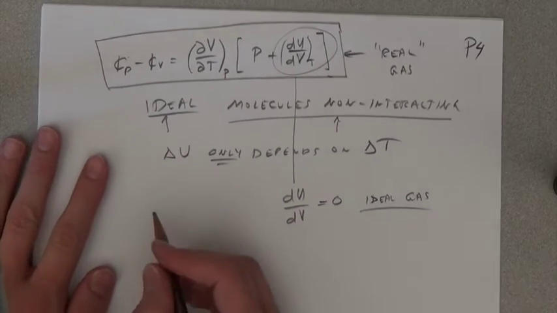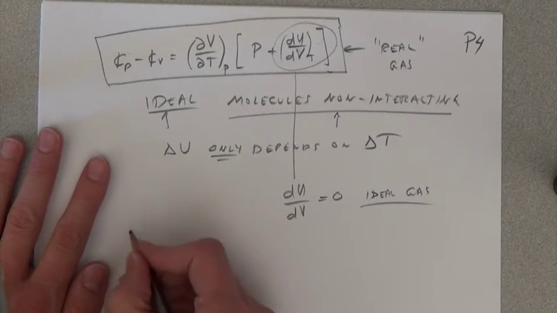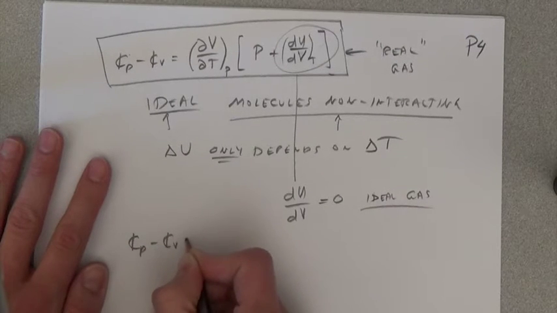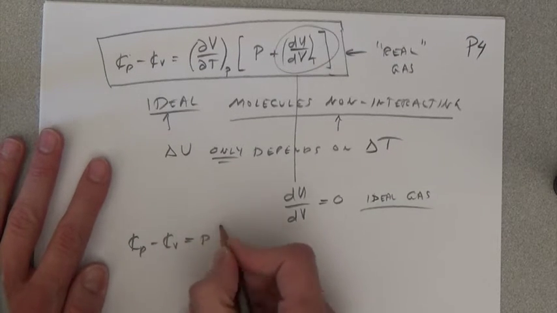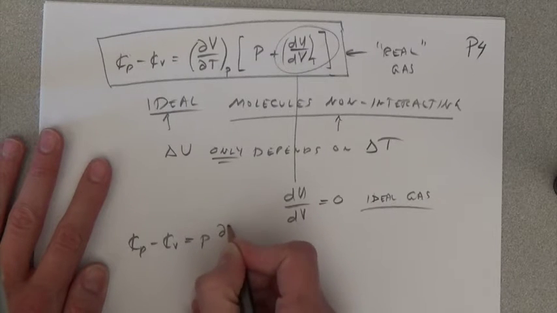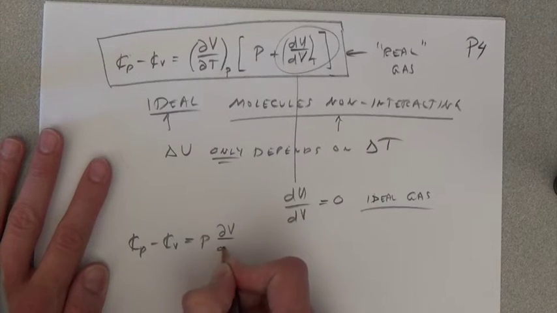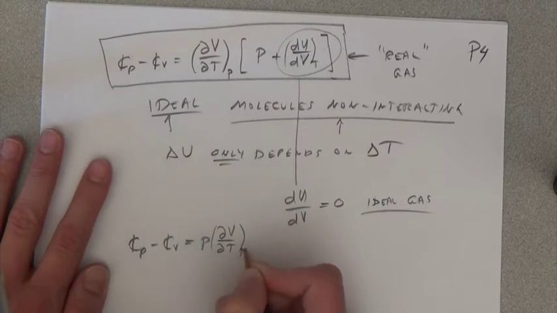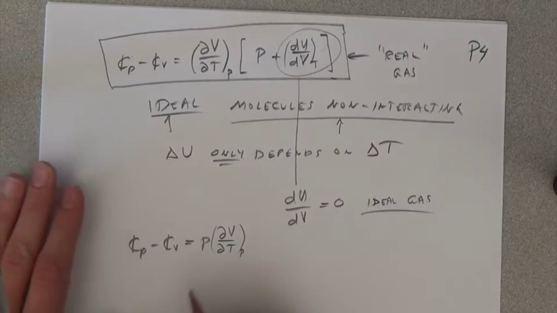So this means that Cp minus Cv is equal to P times the partial of volume with respect to temperature at constant pressure.